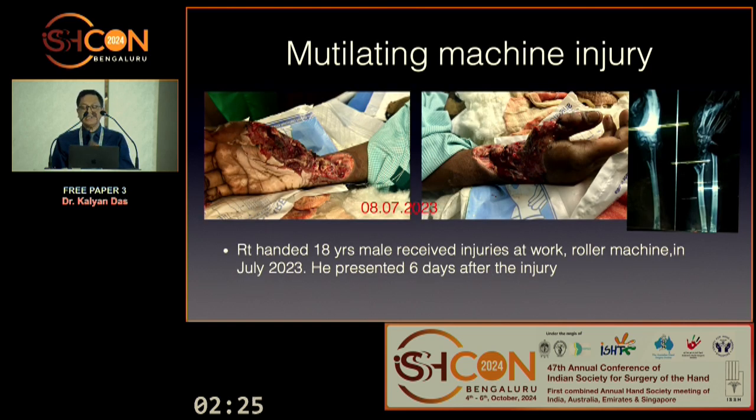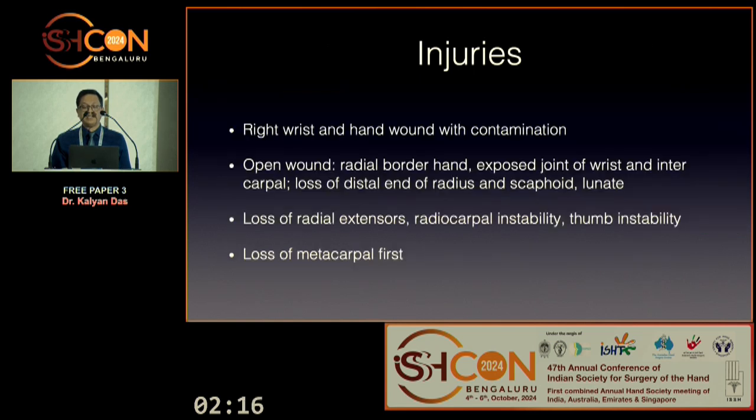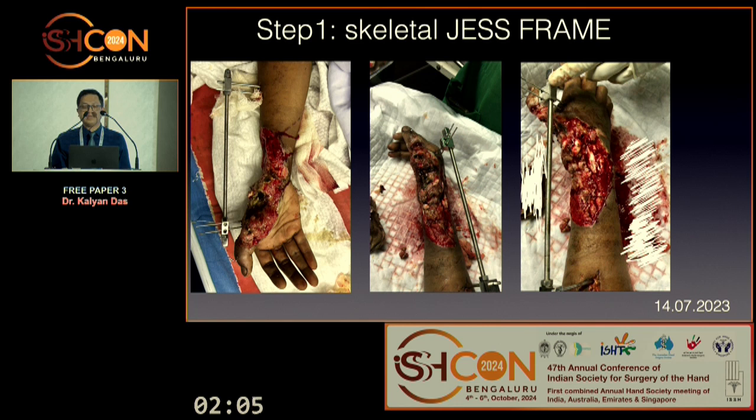A right-handed male, 18 years of age, working in industry, with a roller machine injury, presented to me in July, 6 days after the injury. There was a right wrist and hand wound with contamination. There was loss of radial extensors, radiocarpal instability, thumb instability, and loss of the first metacarpal.